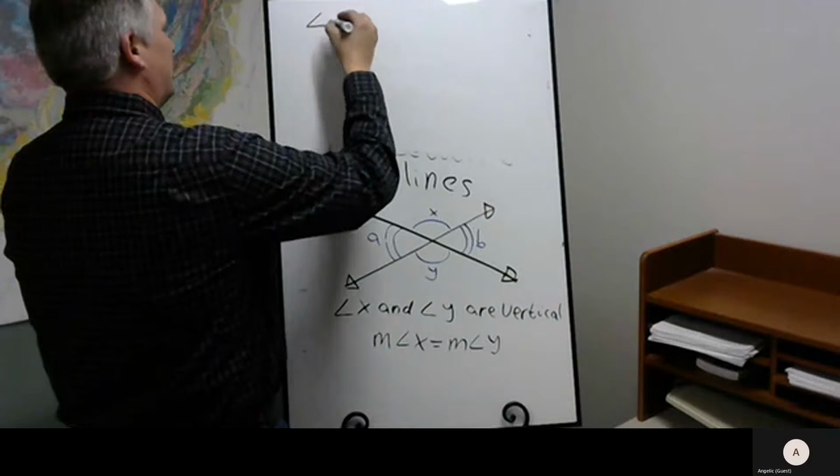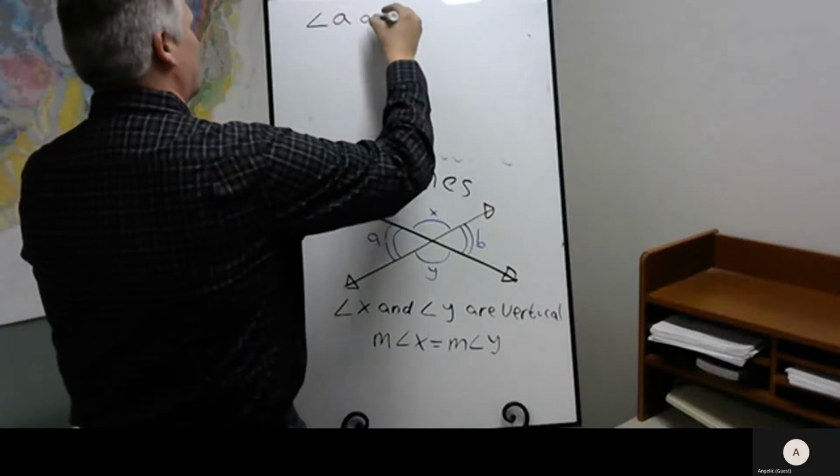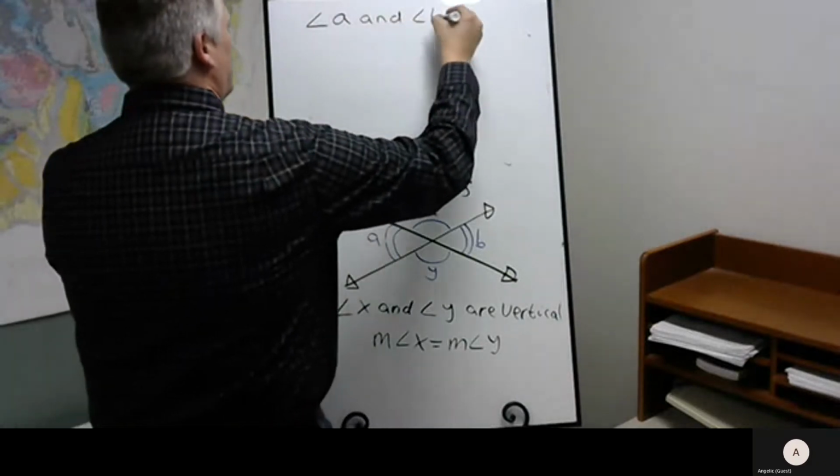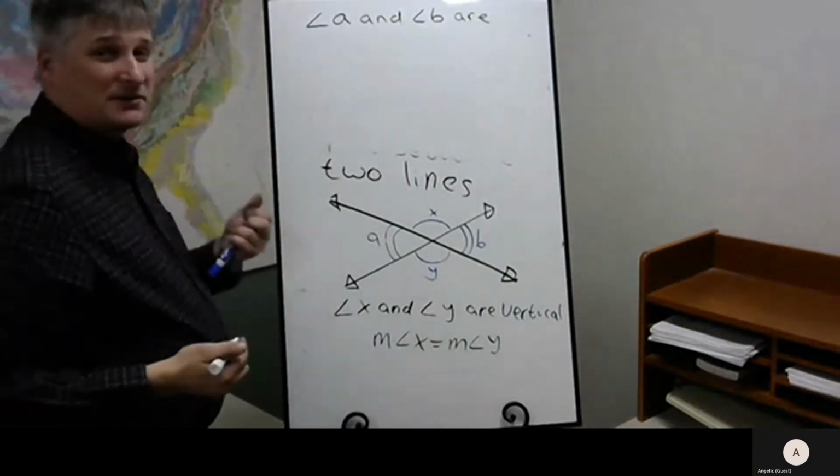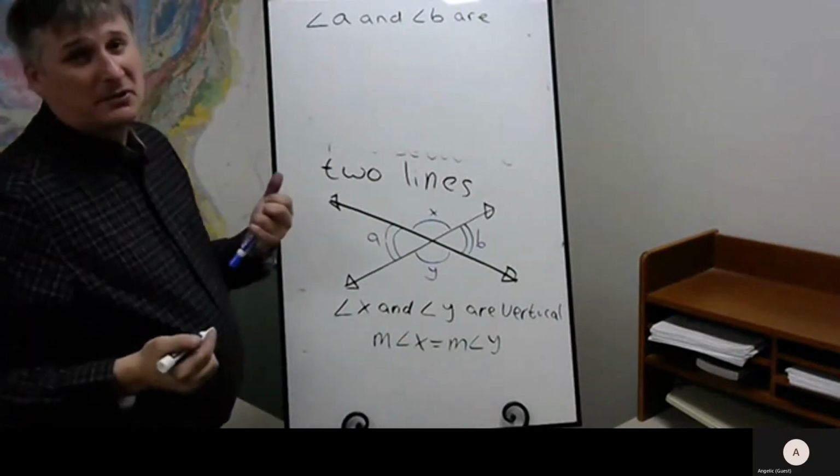And then angle A and angle B, despite the fact they're horizontally across each other, we still call them vertical.